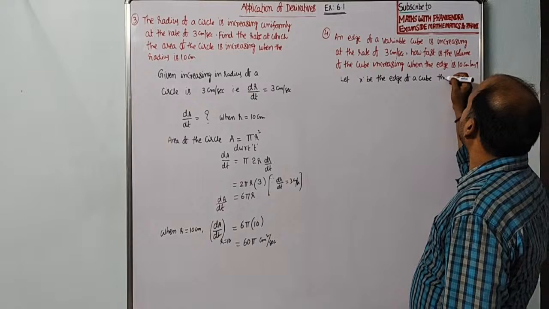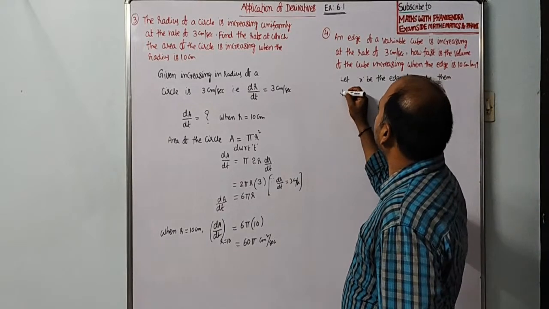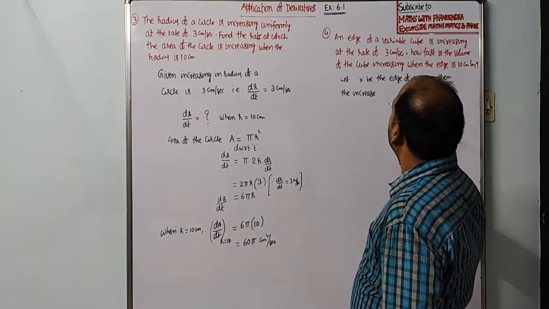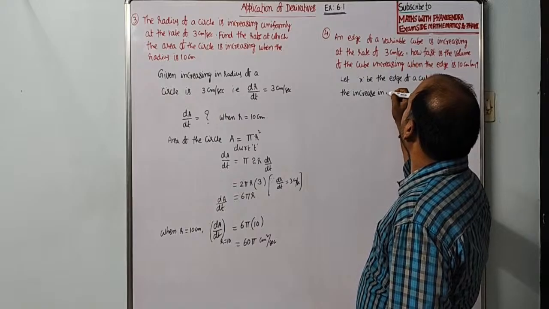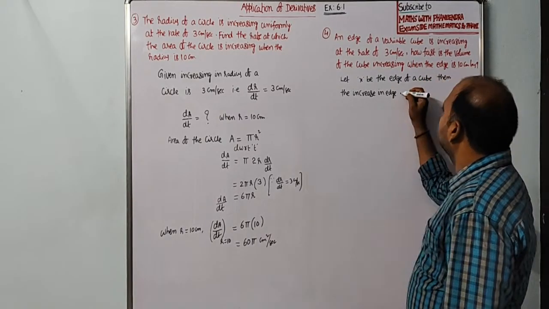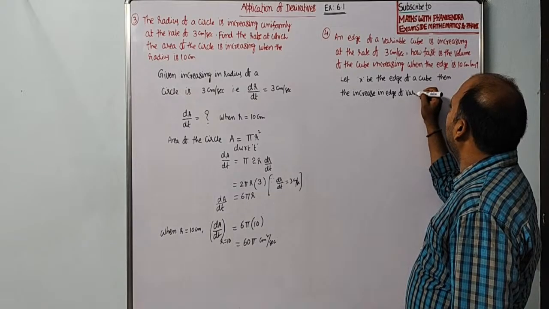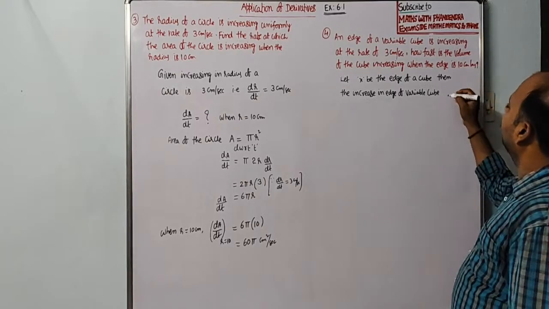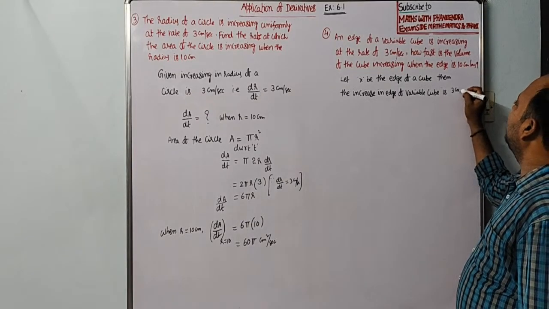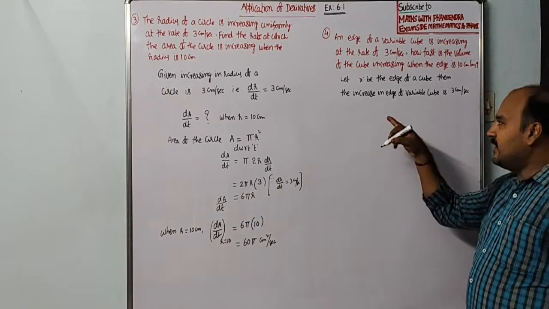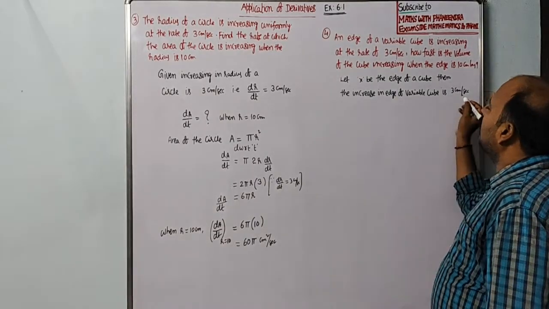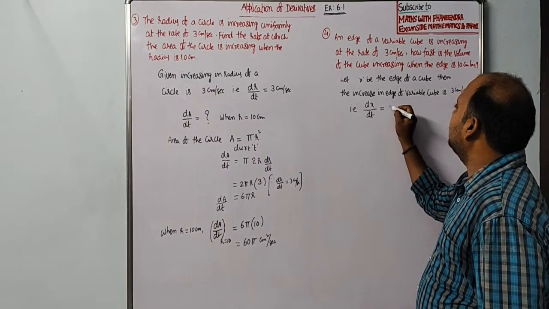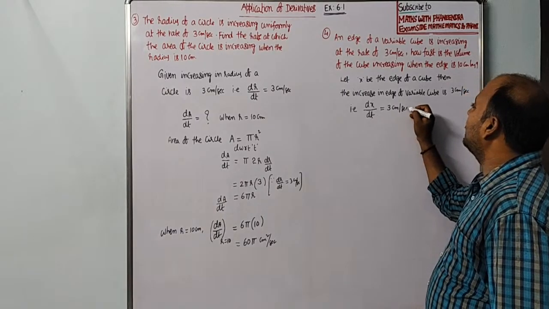Then the increase in edge of a variable cube is 3 centimeter per second. That means dx by dt is equal to 3 centimeter per second.